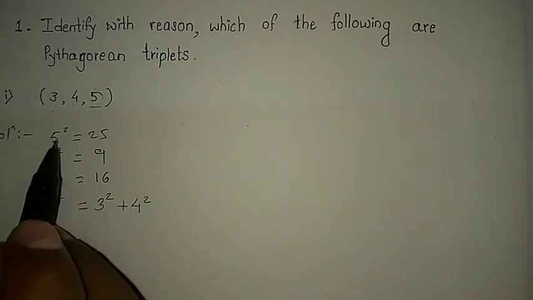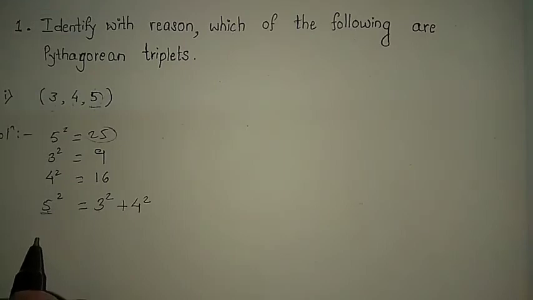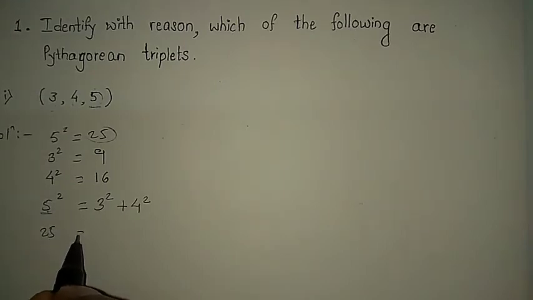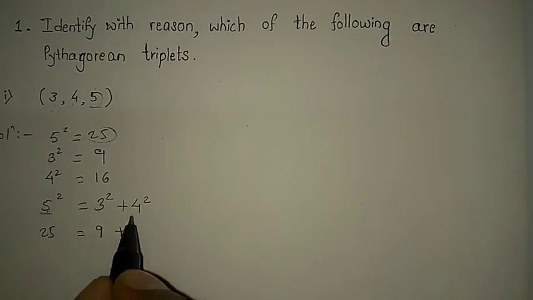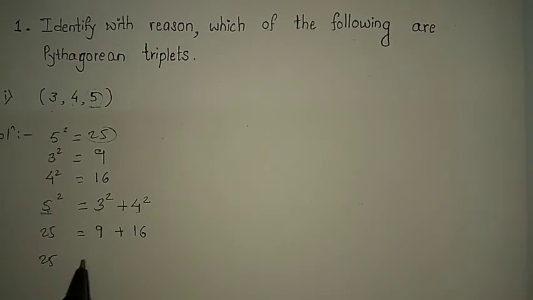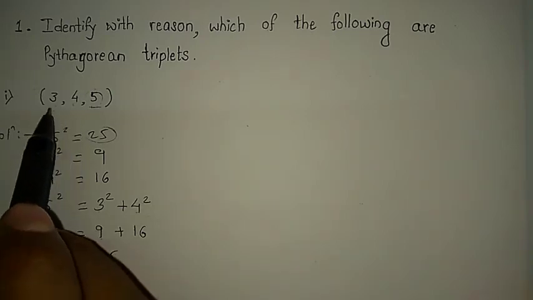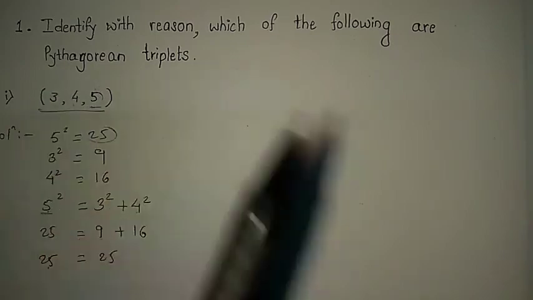So 5 square is 25, equal to 3 square is 9 plus 4 square is 16. So 9 plus 16 is also equal to 25. 25 equals 25. So left side and right side became equal. So the given triplet is a Pythagorean triplet.